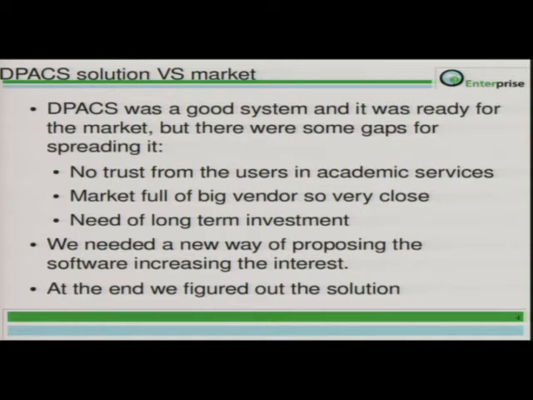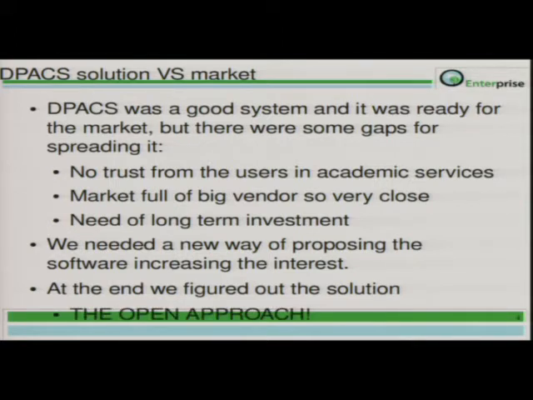And from the market point of view there is a need for long-term investment, and usually the academic approach is not for a long-term investment. The market prefers to use big vendors because they assure the customer a long-term system running in the hospital. So we needed a new way of proposing the software for increasing the interest from the market. And the idea we had in those years was the open approach.